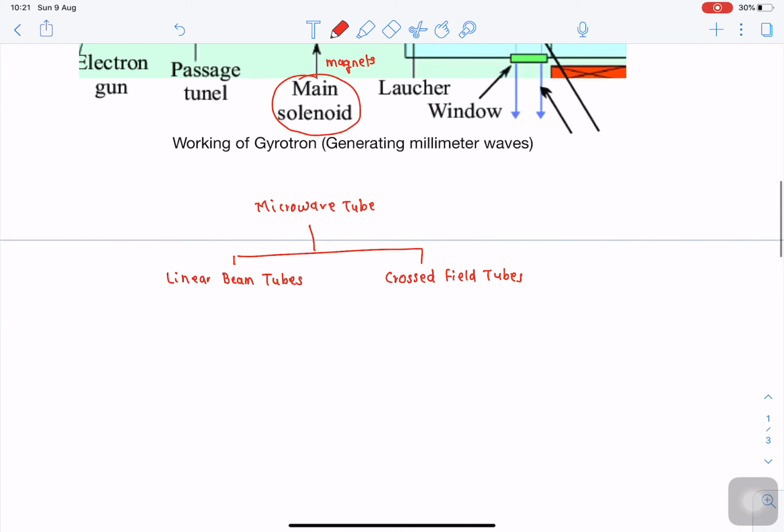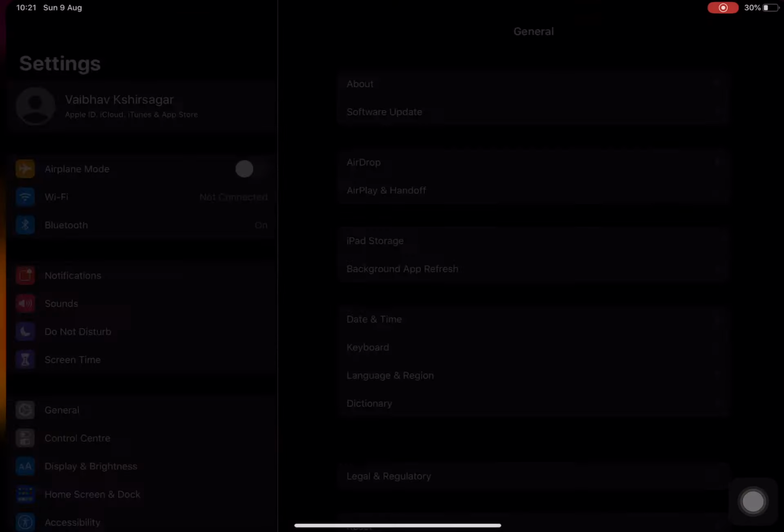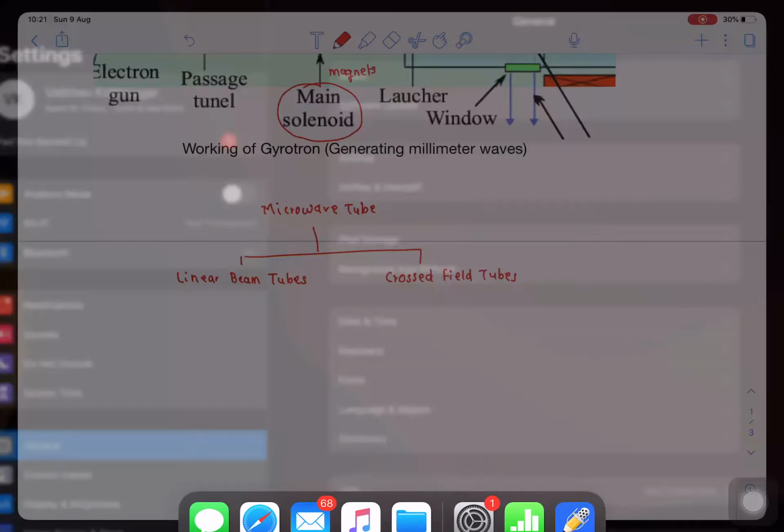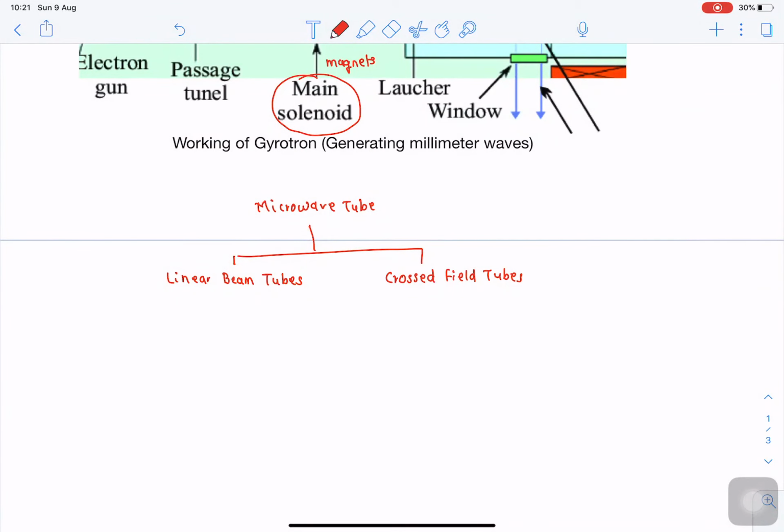In linear beam tubes, we saw the very first type, the two cavity klystron. Then in linear beam tubes, we saw the reflex klystron.